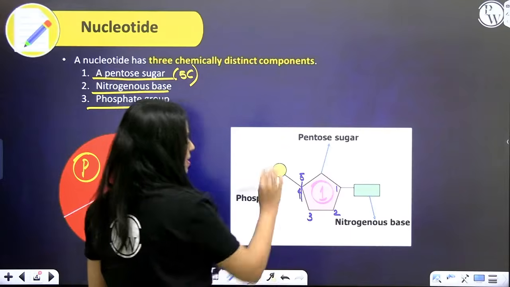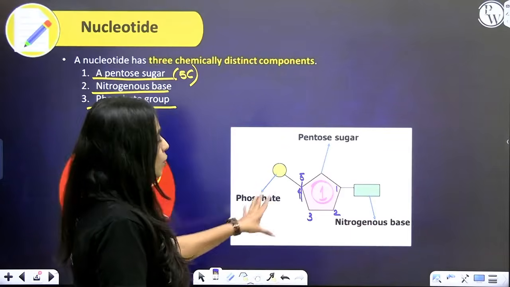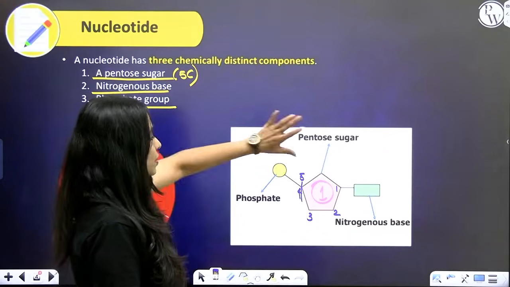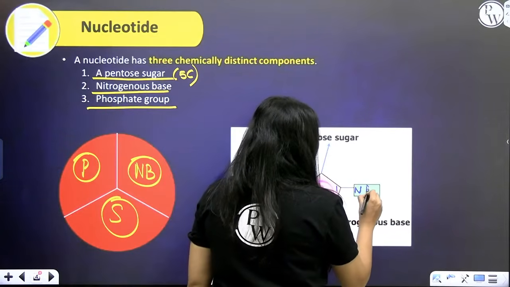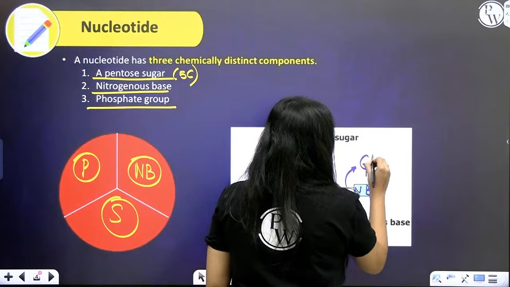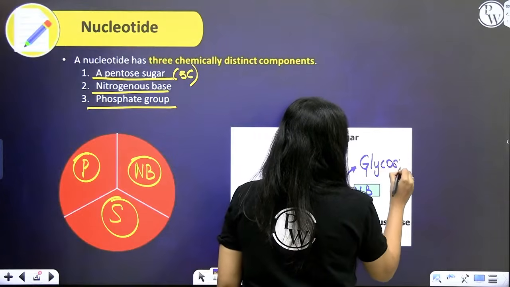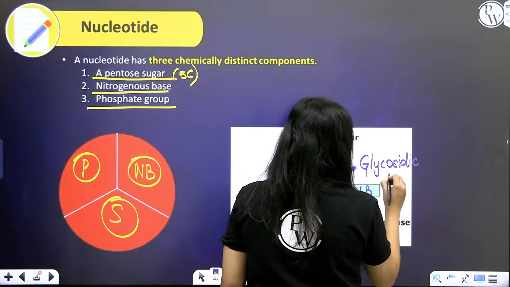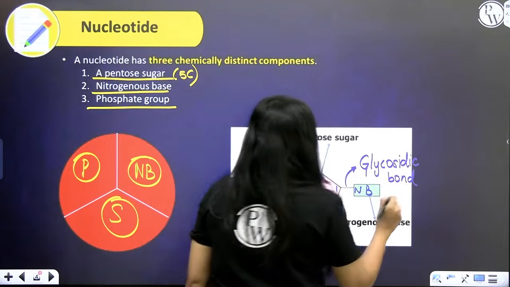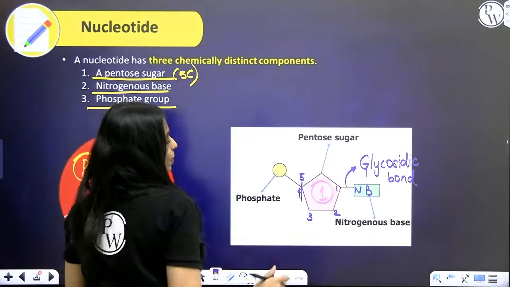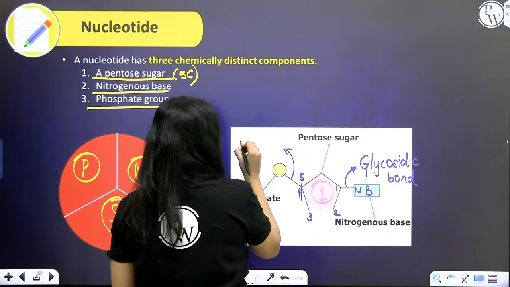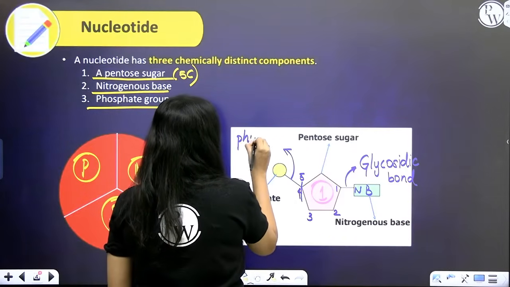The fifth carbon will be present outside the ring. To the first carbon of the pentose sugar, the nitrogenous base will be attached. This bond is called a glycosidic bond. To the fifth carbon of the pentose sugar, the phosphate group will be attached, and this bond is called the phosphoester bond.